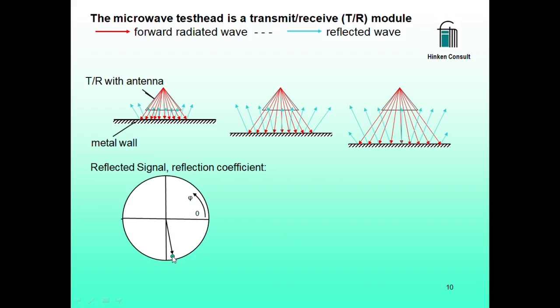The length of this arrow represents the strength of the signal, and the angle which we have here, a negative angle, represents the phase of the received reflected signal. In the second case, the amplitude is smaller and the phase is more negative, because 2L is longer.